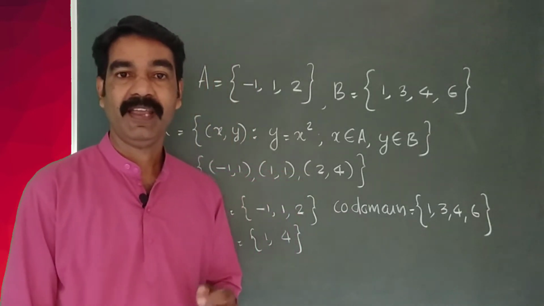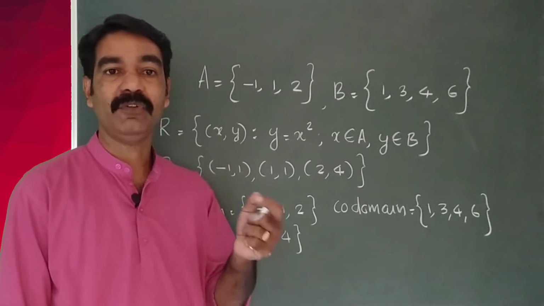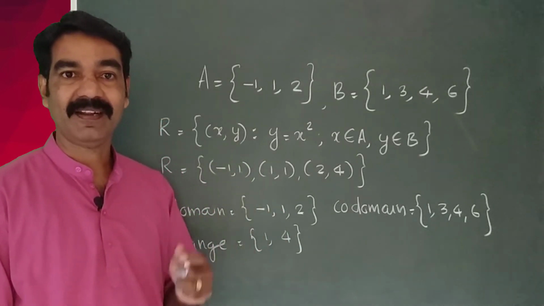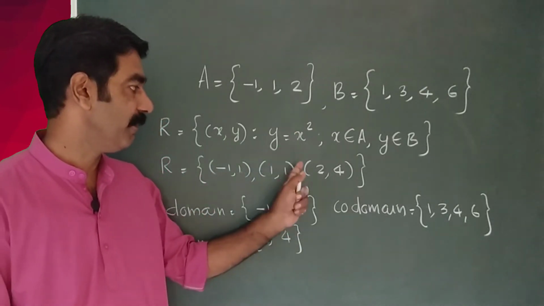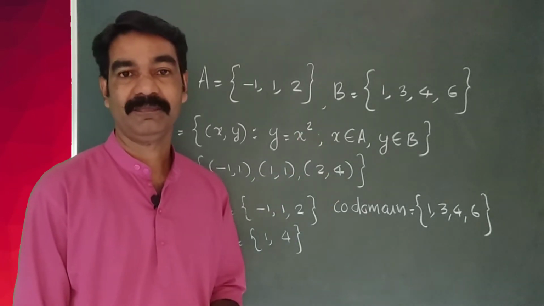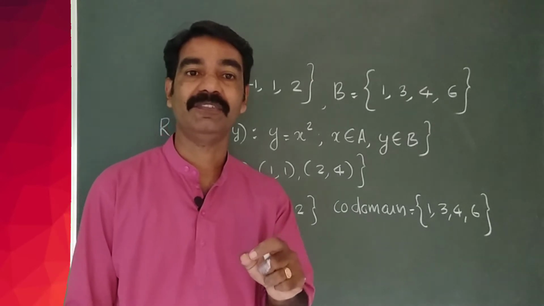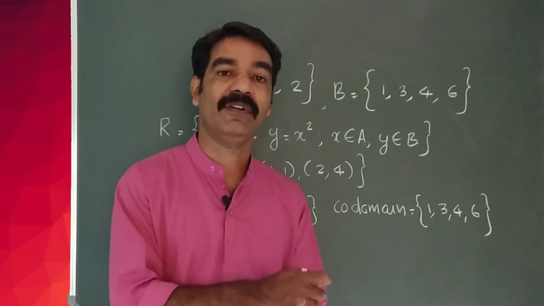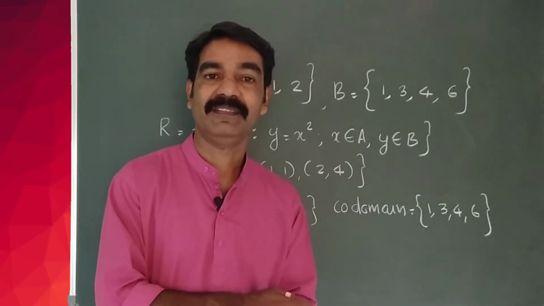So a relation from A to B we can represent algebraically using either roster form or set builder form, and an arrow diagram is a visual representation of a relation from A to B, isn't it?